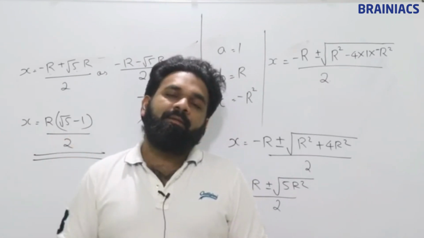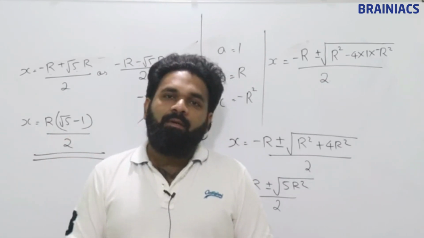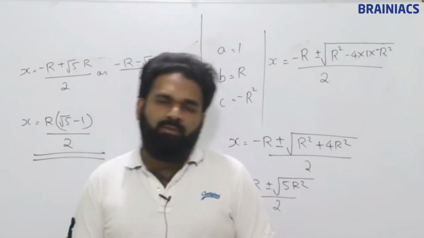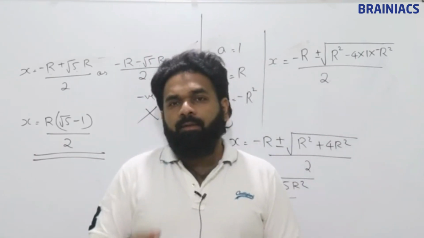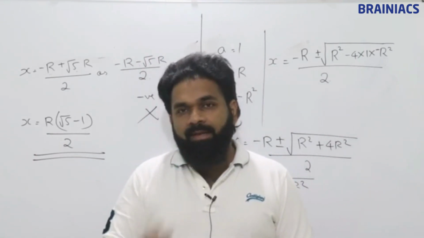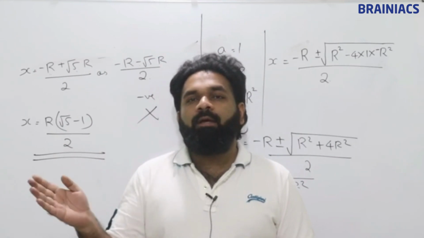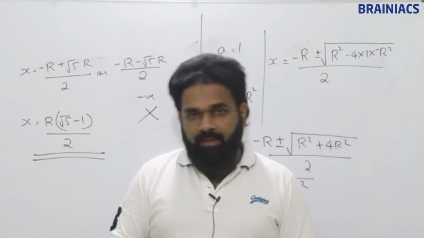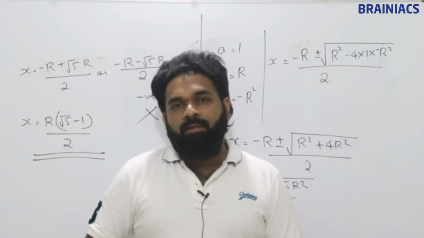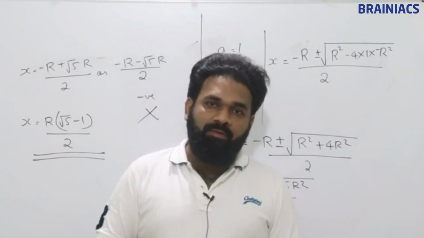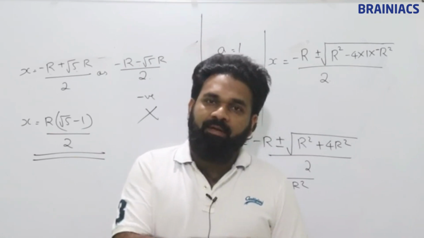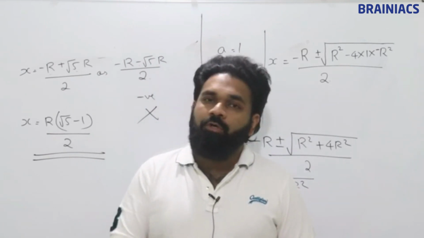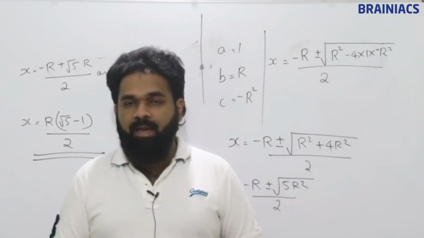For infinite resistances, first we should consider the equivalent resistance as X. Then find the repeating unit. Leave one repeating unit, put the resistance value X attached to this repeating unit. Then find the equivalent resistance. The equivalent resistance we have already assumed as X, so put X on the left hand side. Then when you proceed, we will get a quadratic equation. Solve the quadratic equation, and we will get the answer.